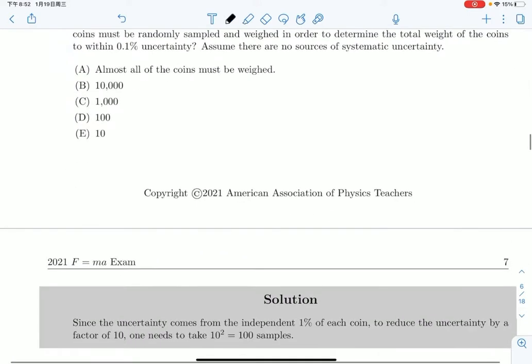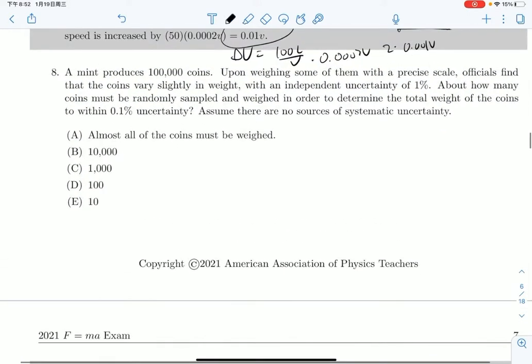So basically, for this question, if you know the equation, then you're fine.